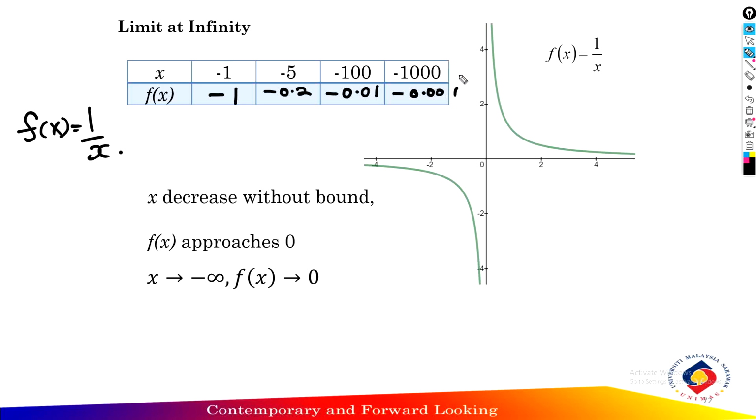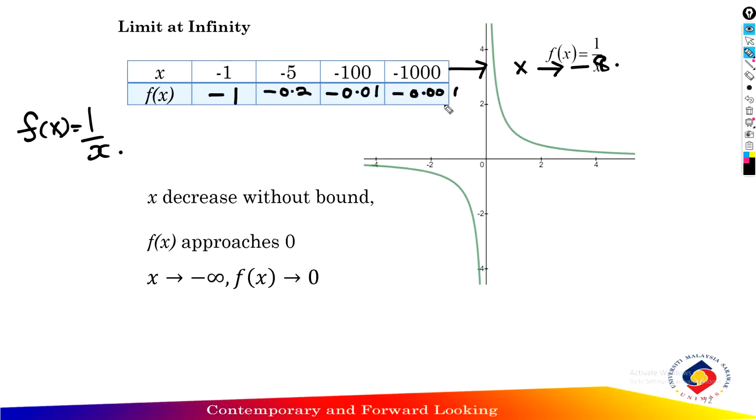Then first you check the first row, the value of x. The value of x approaches very large negative numbers: negative 1, negative 5, negative 100, negative 10,000, negative 100,000, to negative infinity. So the value of x decreases to negative infinity.